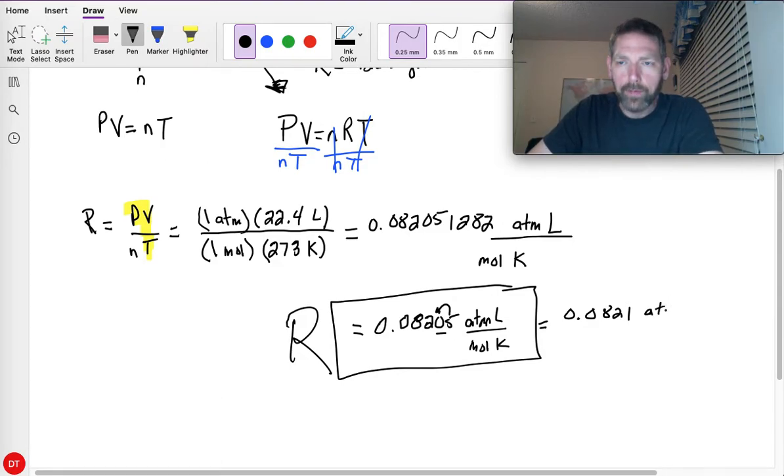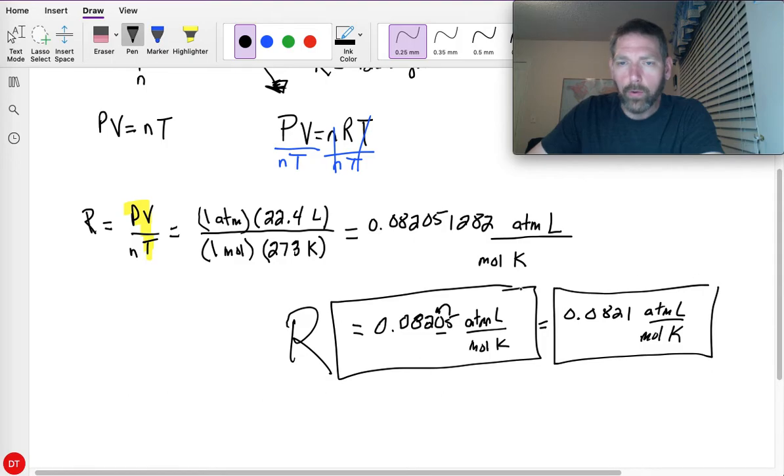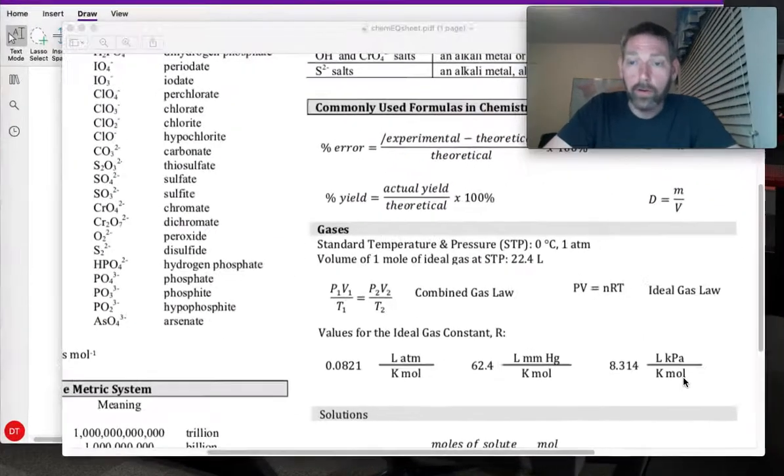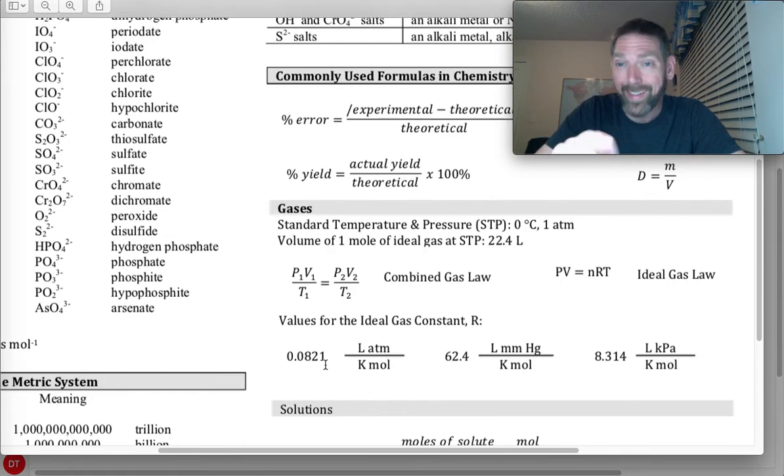So that's atmosphere liters per mole Kelvin, and this is the value that we're going to use right here. Now you can use this one right here, but we can just use that one right there, and you don't have to memorize it because it's literally right there.